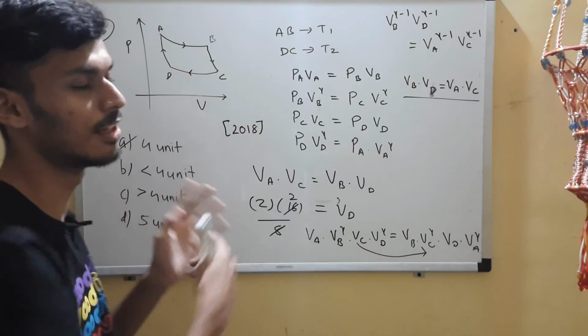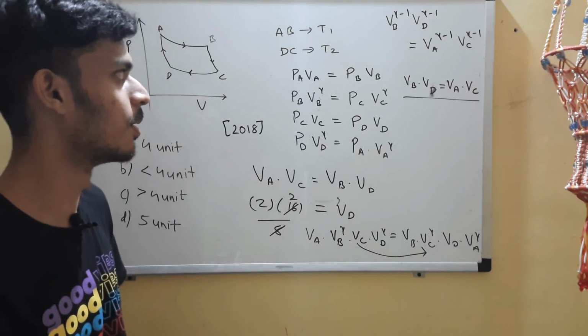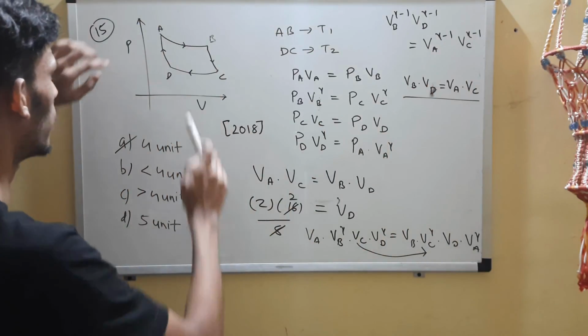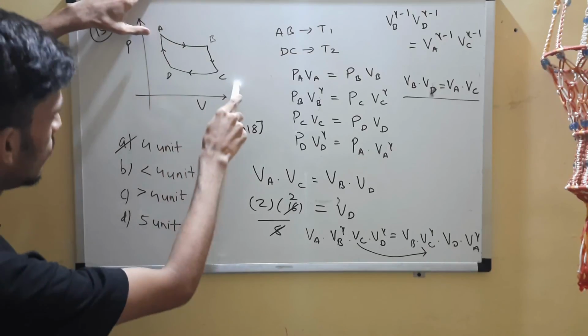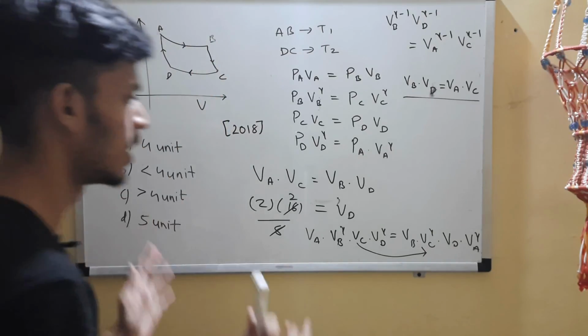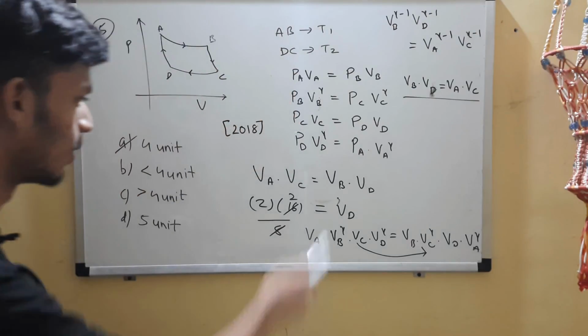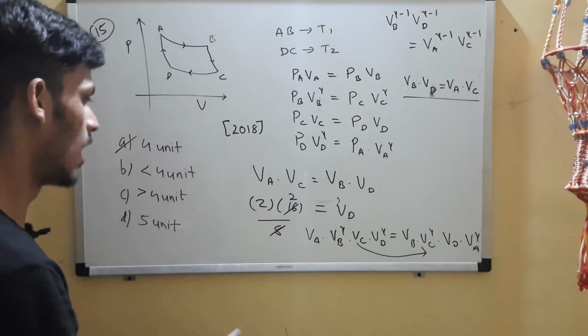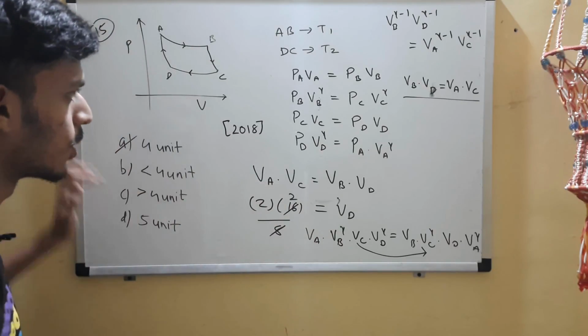I recommend you remember this as a result: whenever you have a Carnot cycle, VA into VC equals VB into VD. I hope this question is clear. The only solving part was over here, this was the concept behind it, and the answer that you got was 4 units.